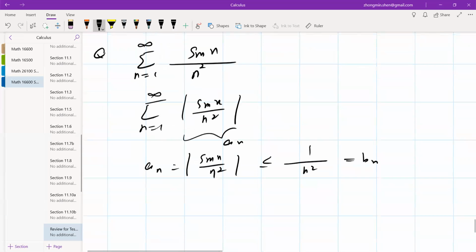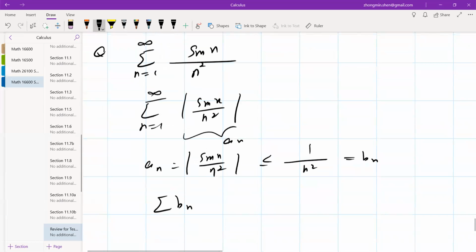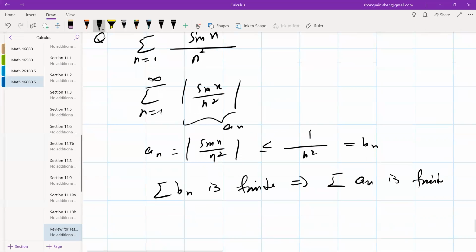Since this is convergent, it's finite, because all the terms are positive, so it's convergent.